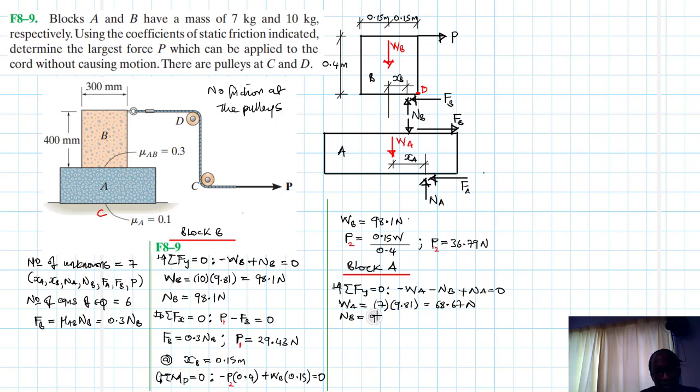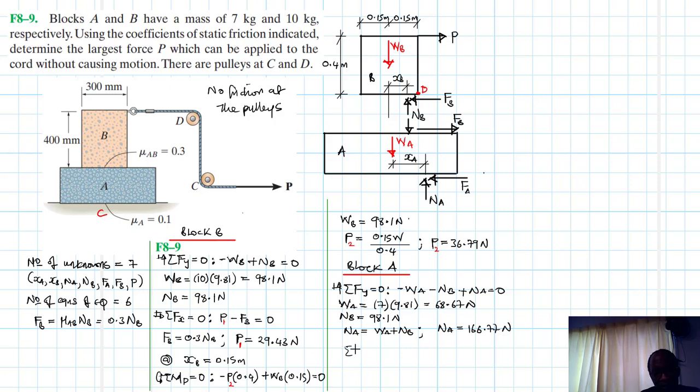NB is equal to 98.1 newtons. Therefore NA is just equal to WA plus NB. Therefore NA is equal to 68 plus 98.1. We have 166.77 newtons.